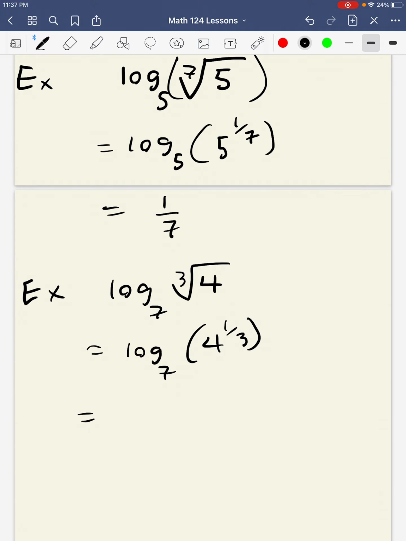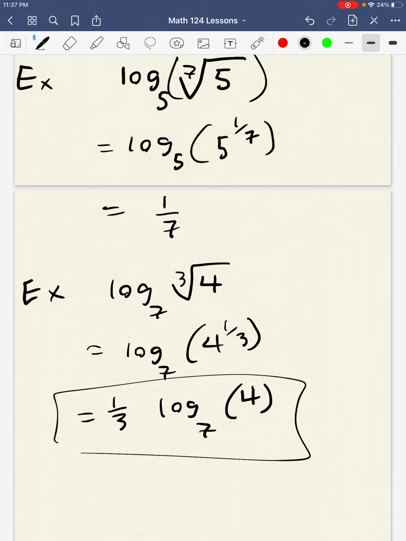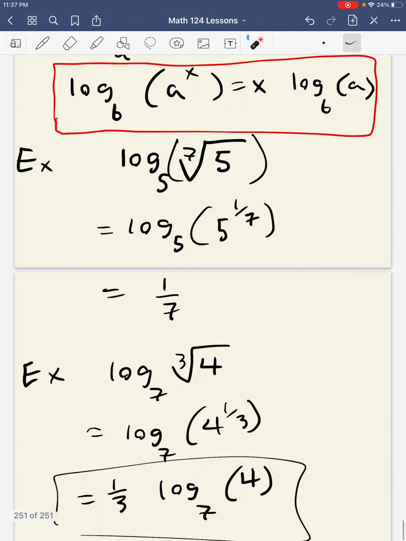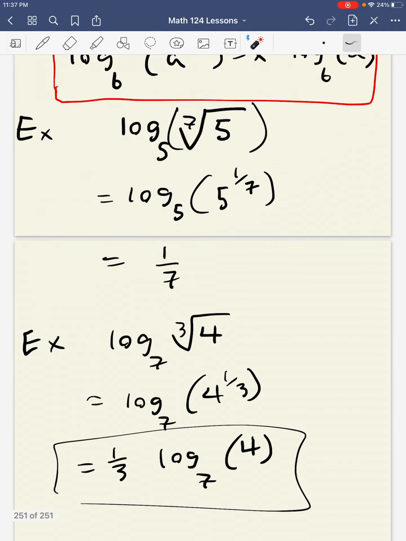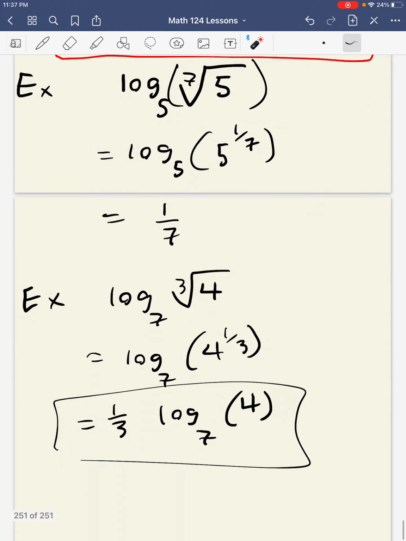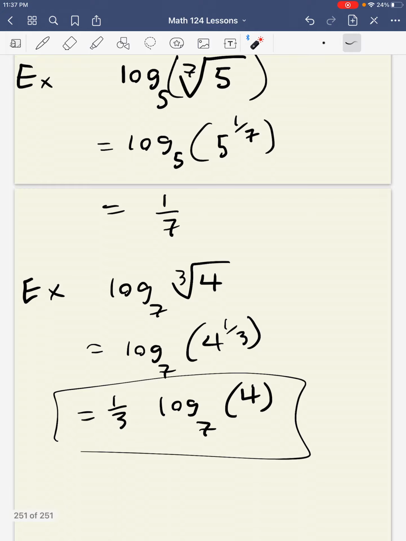And then using the second property, you could move the exponent down. And we're left with 1/3 times log base 7 of 4. So this property tells us we could pull the exponent down. And that is the power of a logarithm. It can pull exponents down, because it is, in fact, the inverse of an exponent.